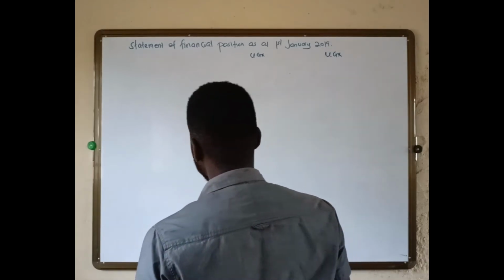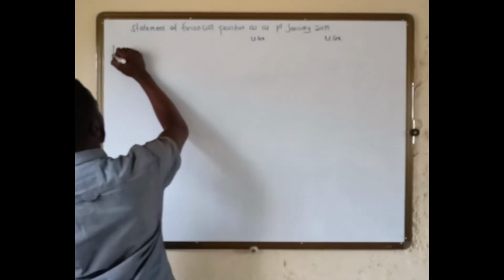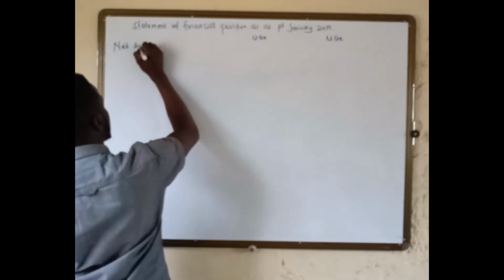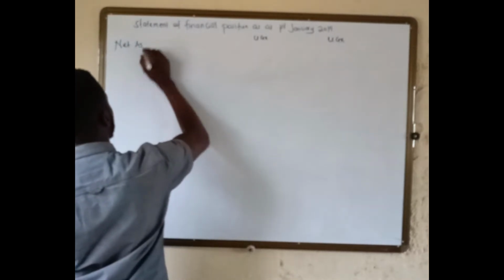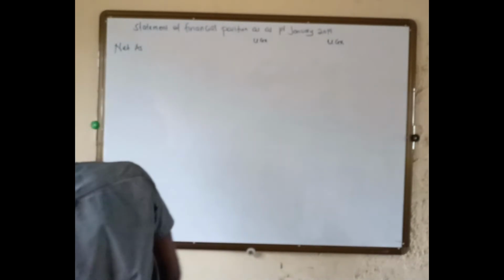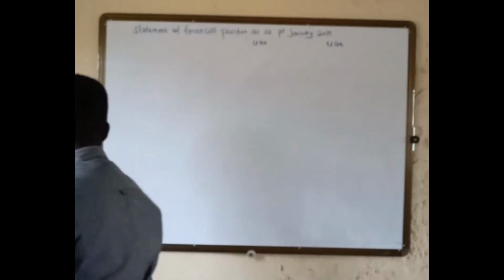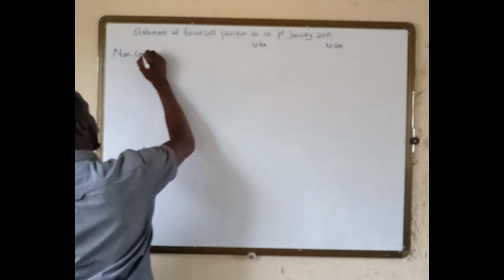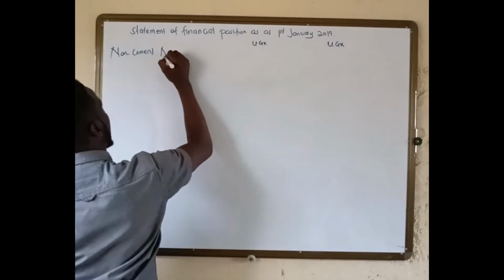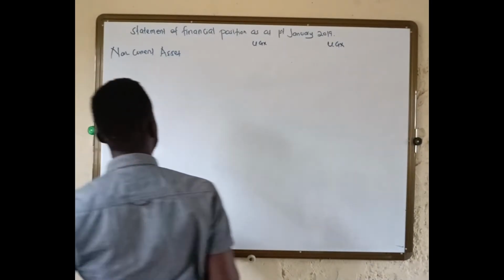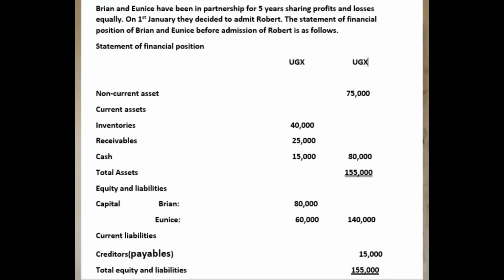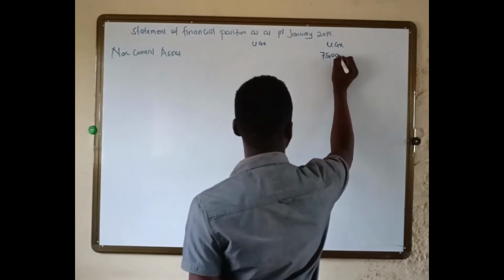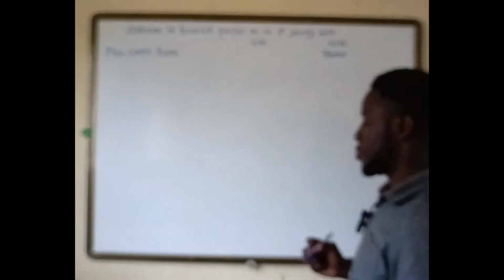So we shall begin with the net assets of the business, non-current assets. If you check back in the question, the non-current asset of the business was worth 75,000. So you bring here 75,000.